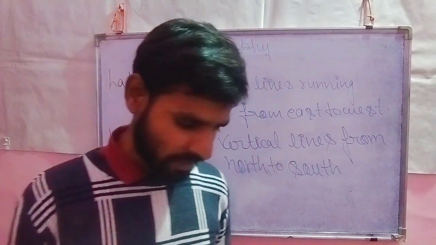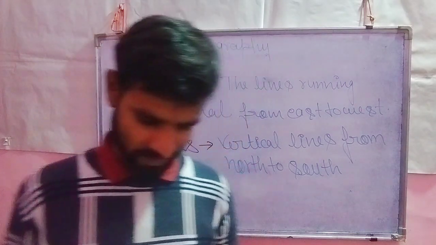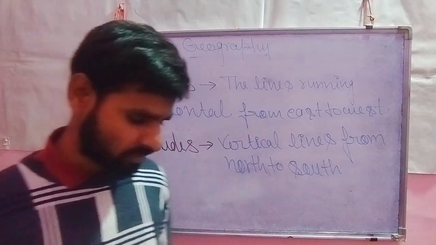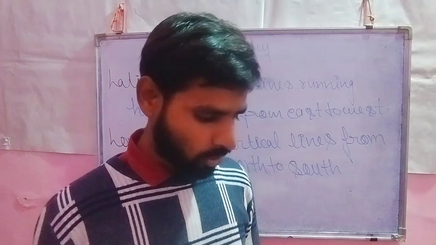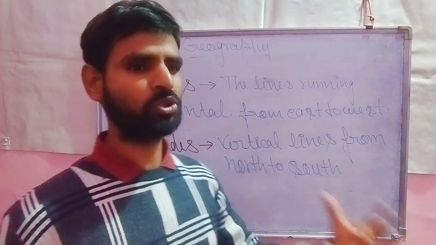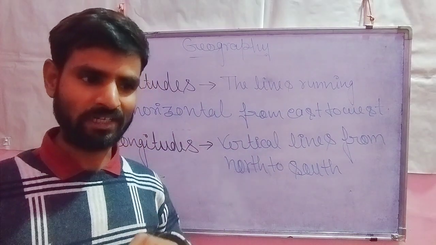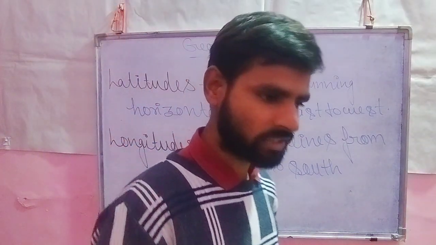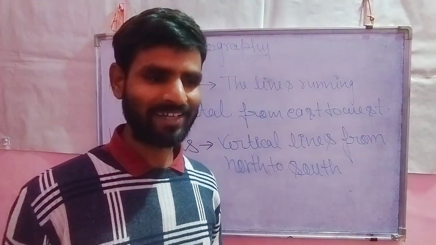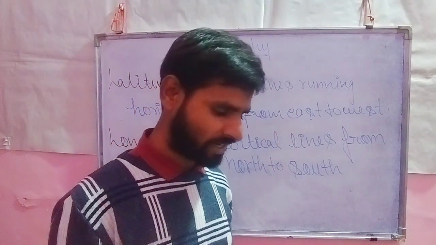The earth is represented by a globe, which is covered by many vertical and horizontal lines across its surface. If I talk about the globe, you see many vertical and horizontal lines on it. The earth has a model, and that model is called the globe. The globe is a model of the earth, an image of the earth, when we talk about the globe.